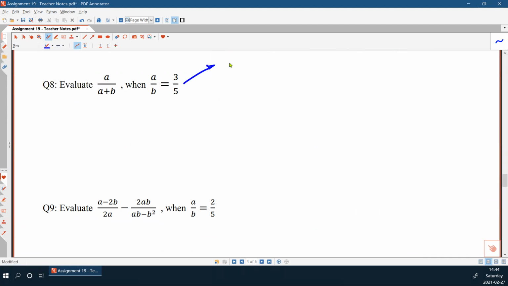This expression actually, okay, I'll write it here, gives you what? A relationship. What relationship? The relationship between A and B, right?